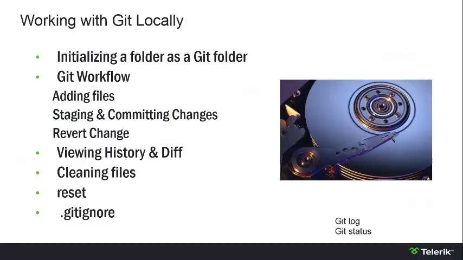You can also view history and differences. You can also clean files. There are a few ways of cleaning files, namely git clean, git reset, and a concept of git ignore. So this will be a great time for me to stop the presentation and move into the demo mode. Okay, 1 second.